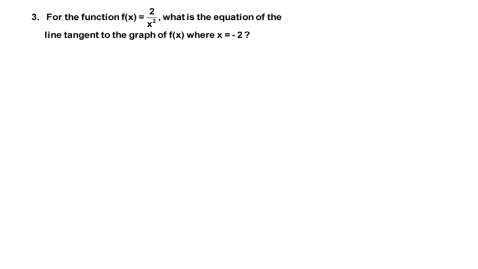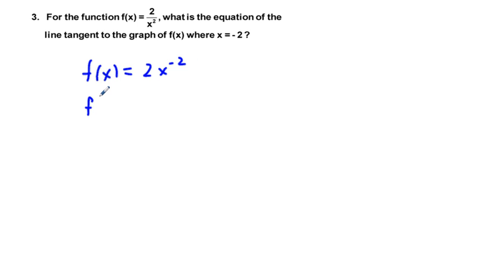Last one here, for the function f of x equals 2 over x squared, what is the equation of the line tangent to the graph of f of x where x equals -2? For that, I'm going to rewrite this f of x as 2x to the -2 power.